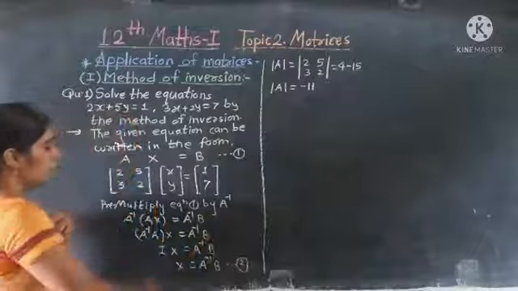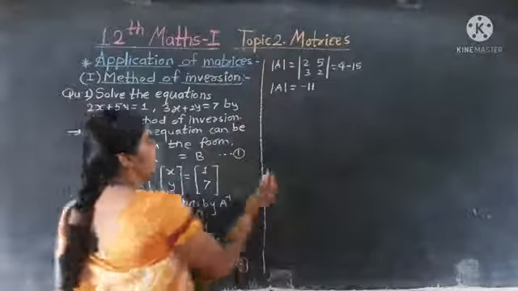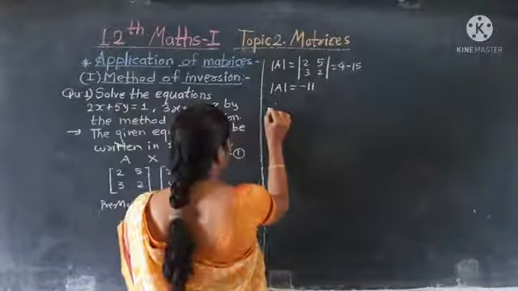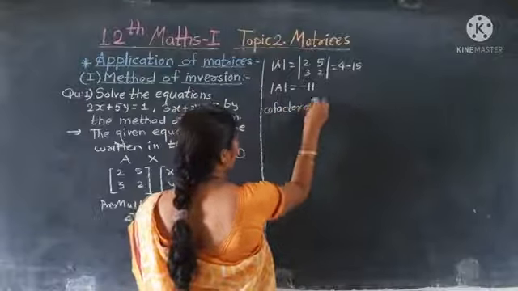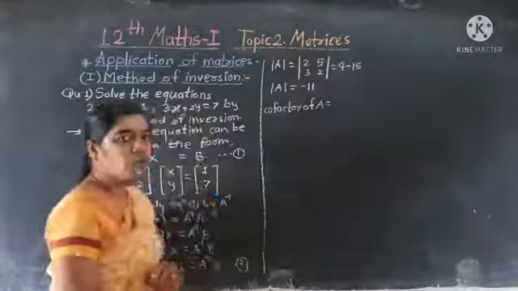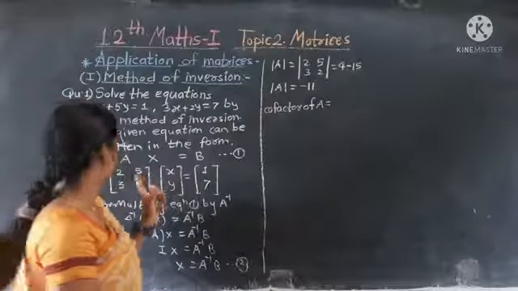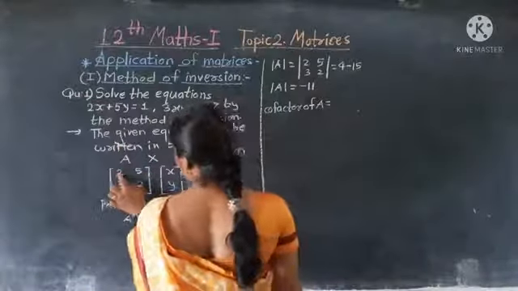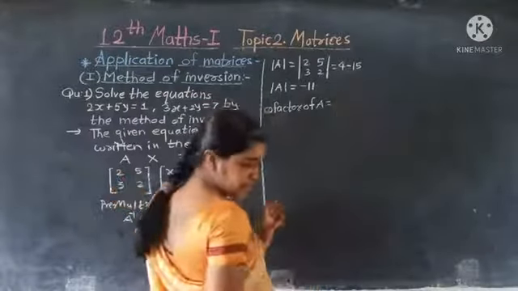Okay. Now you find the cofactor, that is, the minor. How to find the cofactor of matrix A? You know, this is the A matrix. You can directly write, or you can simplify.